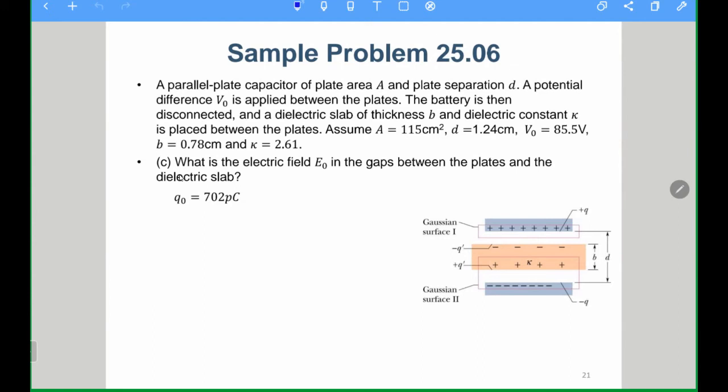Between the plate and the dielectric slab, which means that we try to find the E field here or here. So in this case, we apply Gauss's law for Gaussian surface 1, GS1.